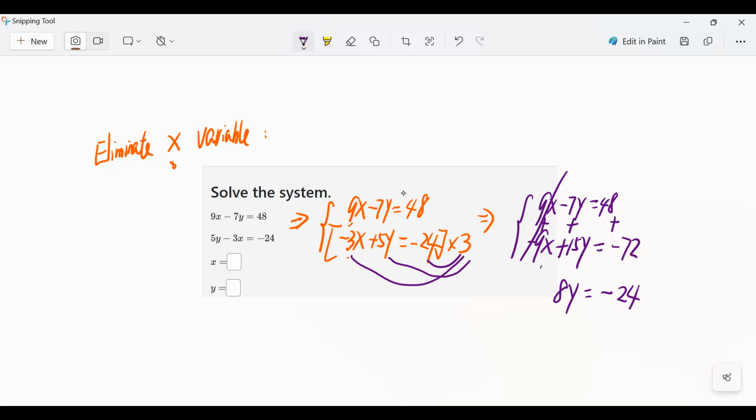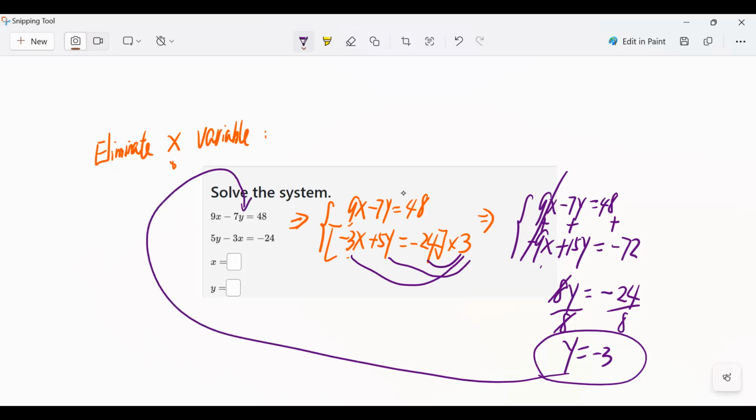And from there, we divide both sides of the equation by 8. Y is equal to minus 3. And once we get the y value, we can find the x value. We can use the first equation, replacing y with minus 3, and solve for x.